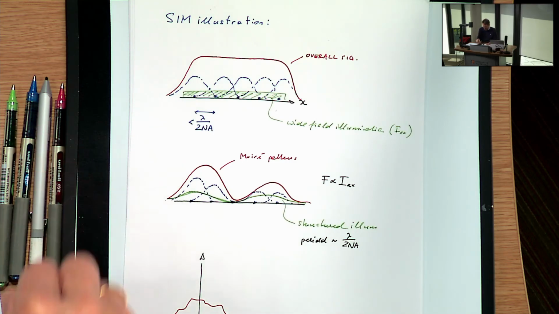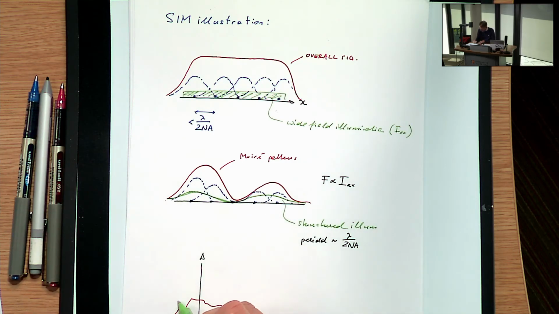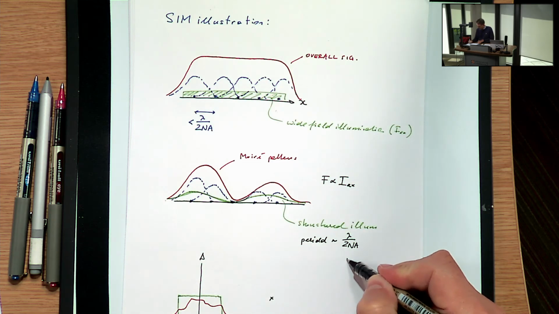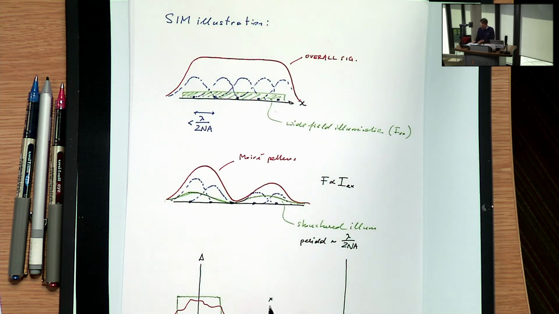Then I have an OTF. The OTF passes only this part of the spectrum, right? Now I multiply this with the illumination spectrum. Sorry, I convolve this because we are now in Fourier space.